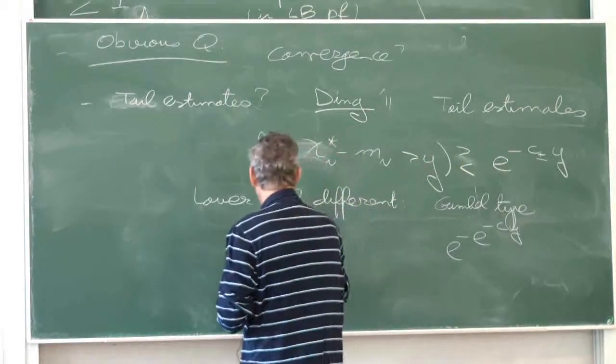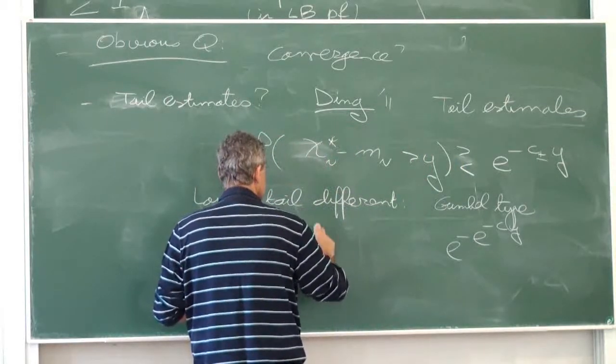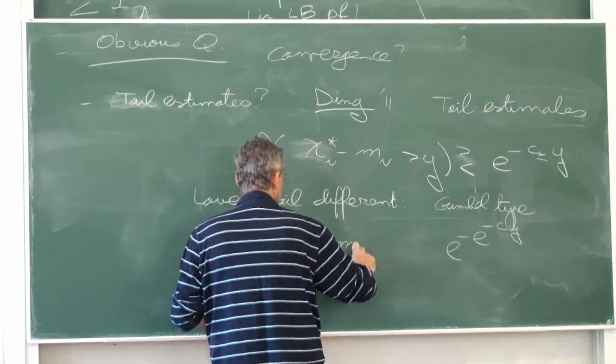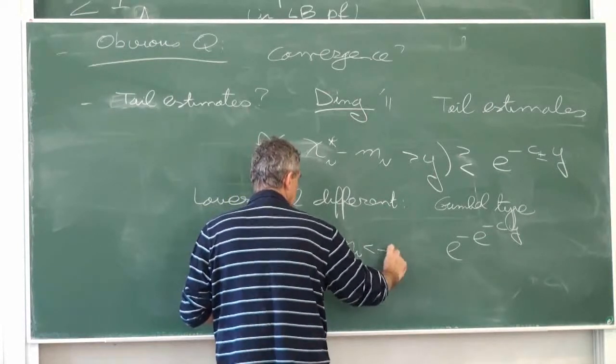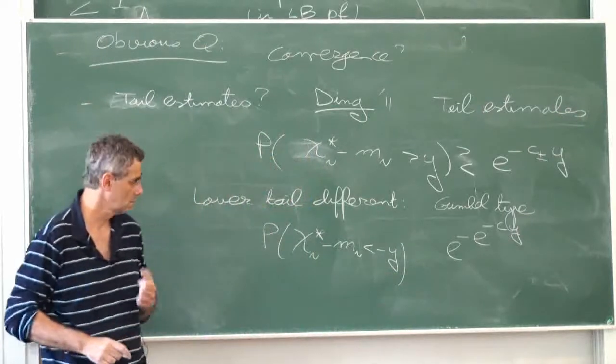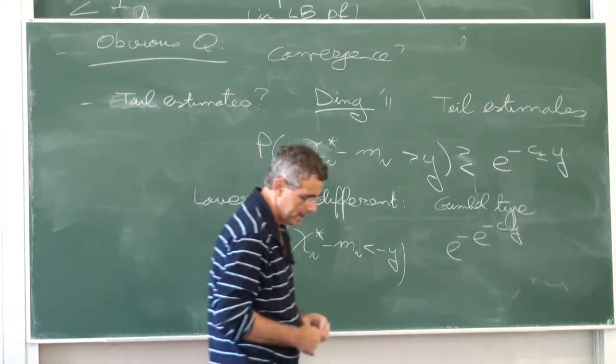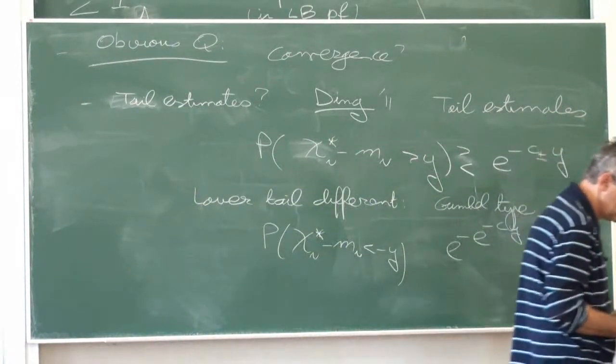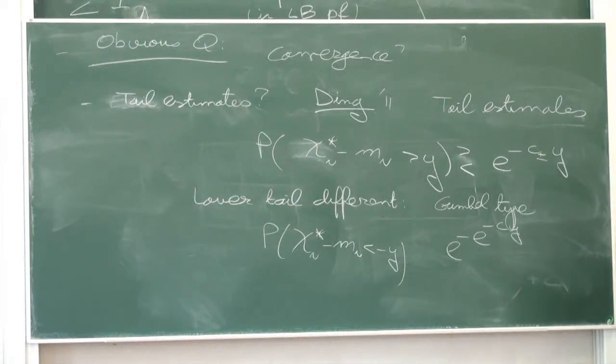So the probability that X_n star minus m_n is less than minus y is something like that, and I should write this for y large.